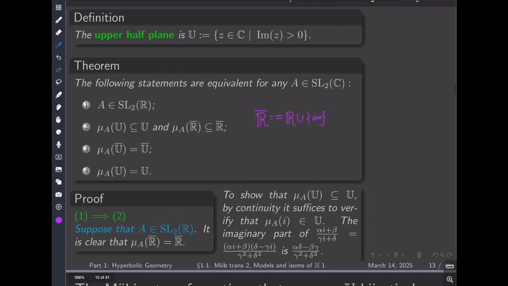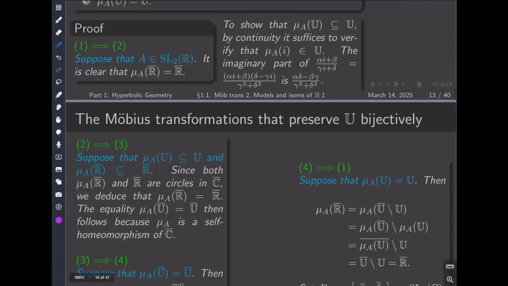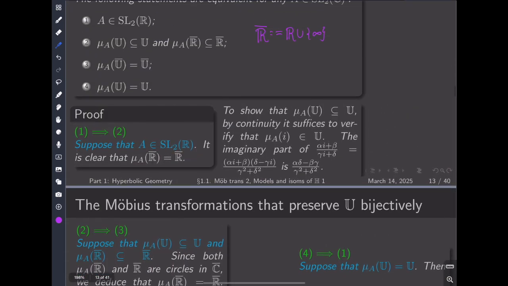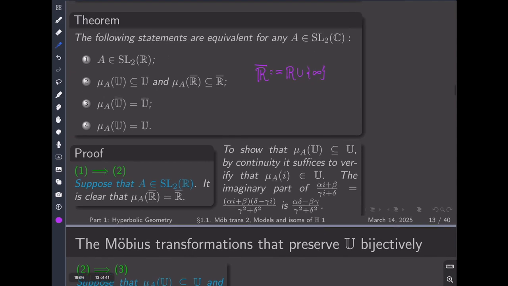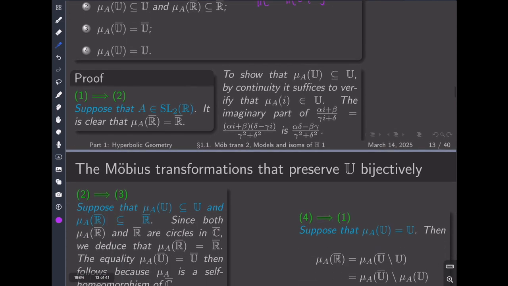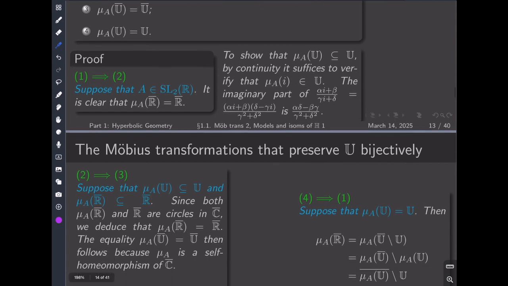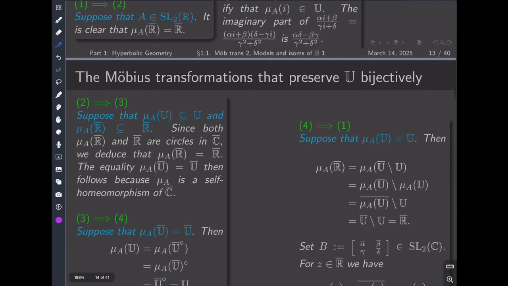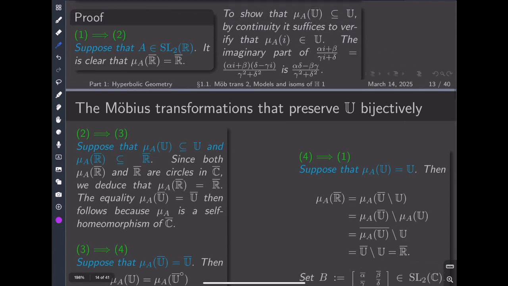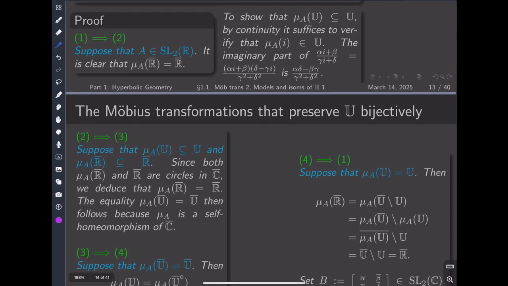The proof, I would say, is basic algebra and topology. I'm not sure I want to stop and really read the proof because I have 12 minutes. Maybe just say some words, and in any case, the proof is going to be there so you can read it.